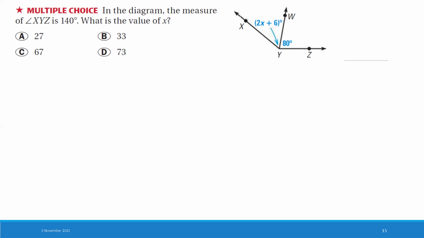Yes, Yasmin. Here, the angle XYZ is given as 140, and knowing that the measure of the angle WYZ is 80, what is the value of X?